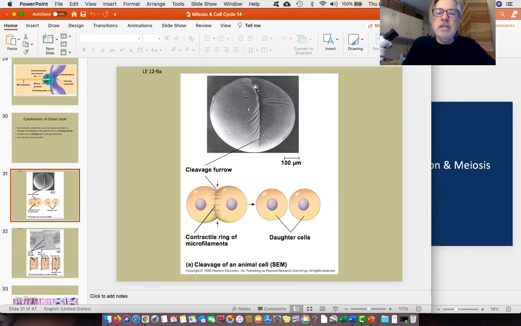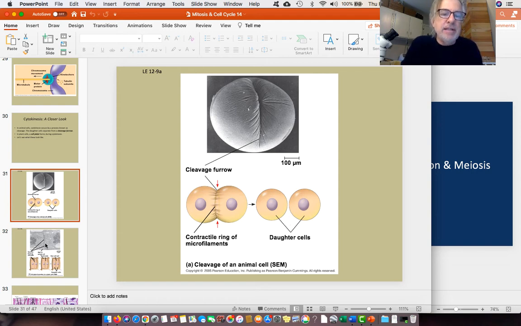In cytokinesis, a cytoskeleton element literally tightens around the cell slowly so that it doesn't rupture the cell membrane, and you can see slowly the cleavage furrow forms and the two cells are separated. When the cleavage furrow gets down to its smallest bit, the membranes spontaneously form and close so the cell doesn't leak.